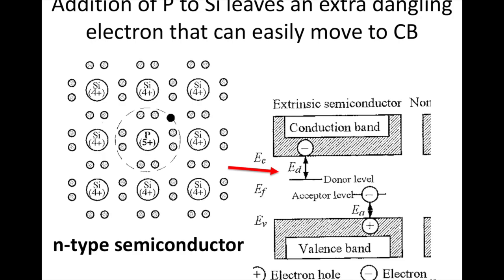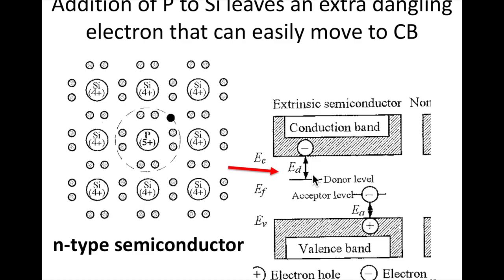All right, so this extra electron is in what we call a donor level. So kind of illustrated here on an energy plot between the valence and the conduction band. So basically that electron exists at a level higher than the valence band. And so that level is closer to the conduction band.